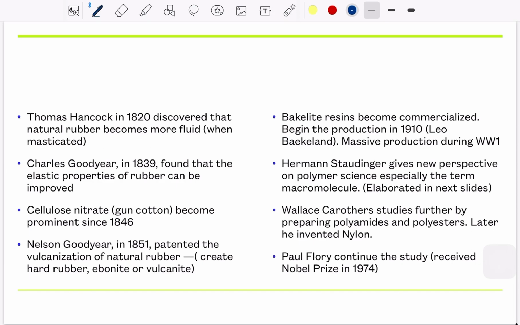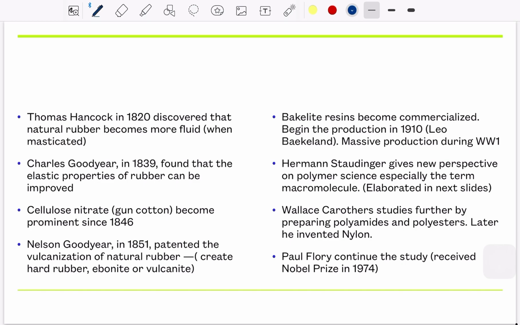It can be utilized in many tools and equipment, especially in industry that needs good lightweight materials that can cover the body. So that's vulcanized rubber.